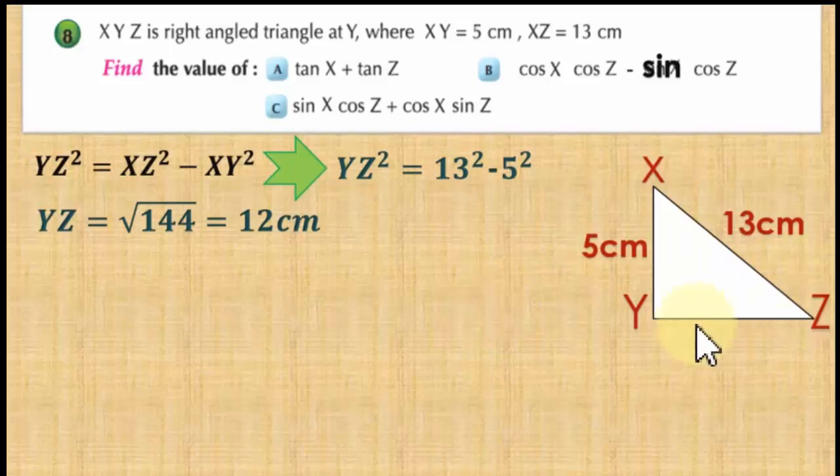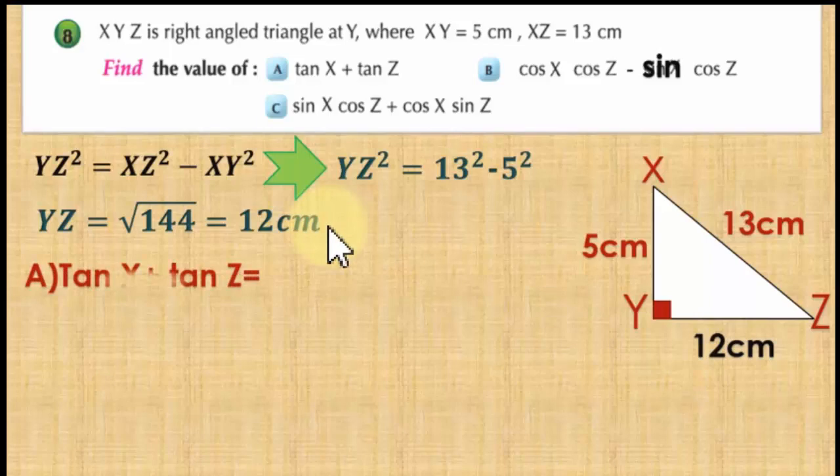Now we want to calculate YZ, which is the root of 144, 12 centimeters. So we have YZ 12 centimeters, XZ 13 centimeters, and XY 5 centimeters.